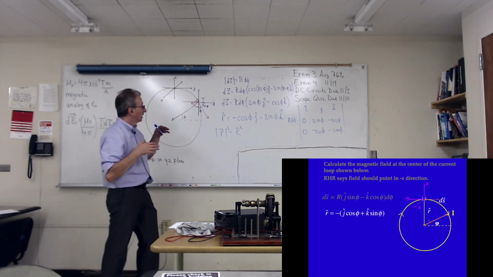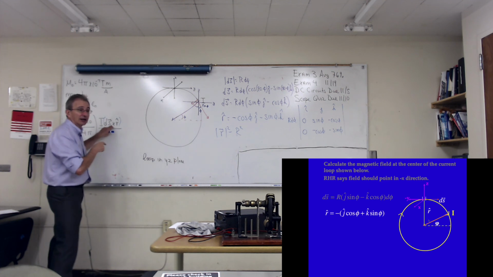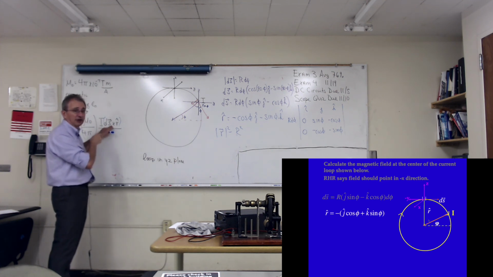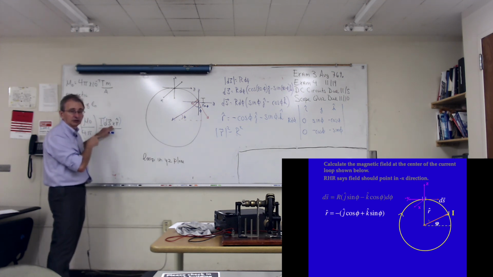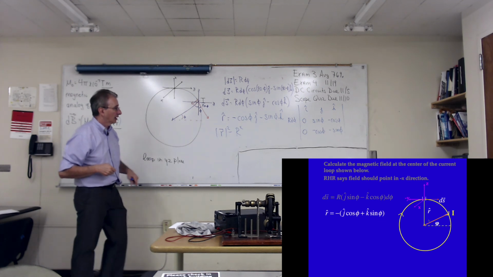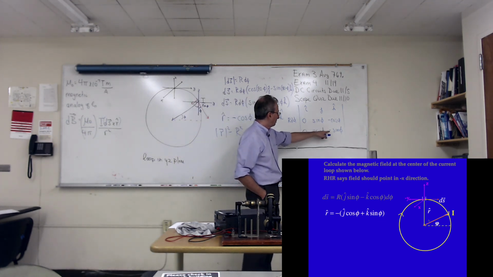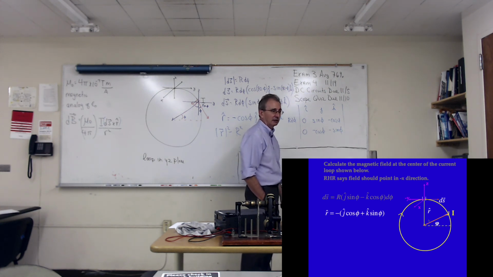So really, I don't need to calculate this cross product. This cross product gives me the direction of the magnetic field. I know the cross product is going to be into the board, the minus i hat direction. And if I evaluate that cross product, that's what I'll get, because I'm going to get minus sine squared minus cosine squared, which is minus 1.